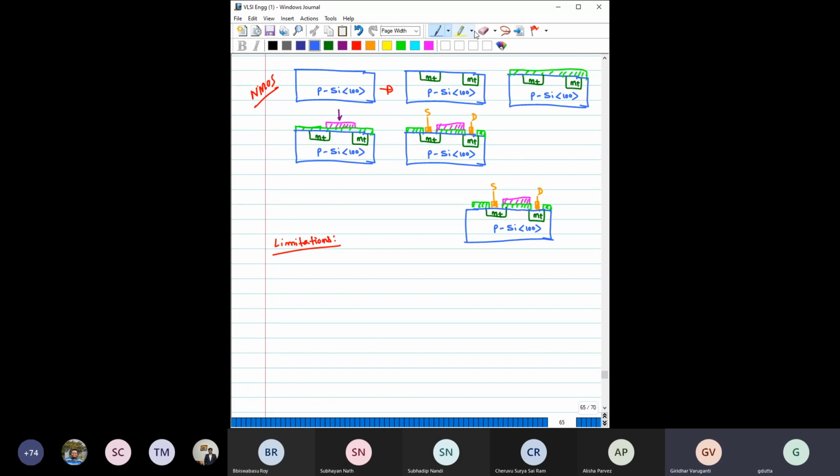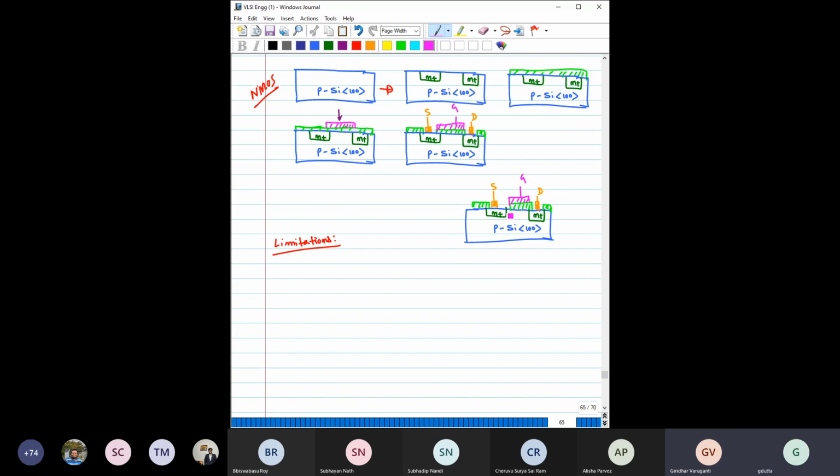Now, see, when we say that we have fixed this gate metal like this, it is not a practical thing. What will happen if, while placing this gate metal, we have made some error? Suppose this placement has been shifted a bit to either the source side or the drain side.